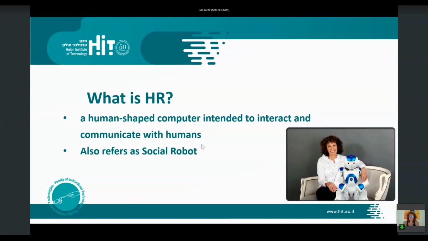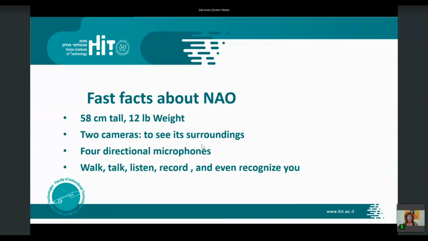And if we talk about interaction, of course, interaction is an essential part of learning and teaching. And this is why we think about how we can implement humanoid robots within learning. As you see me in the previous slide, I'm sitting with a NAO robot, whose height is very small.